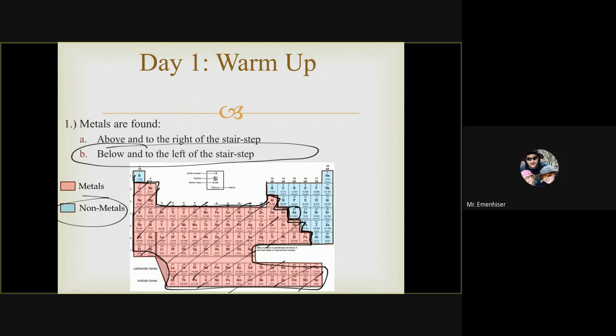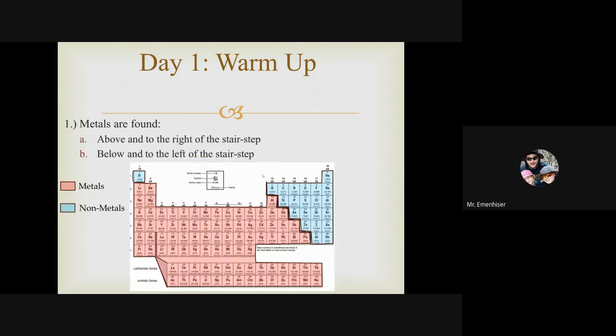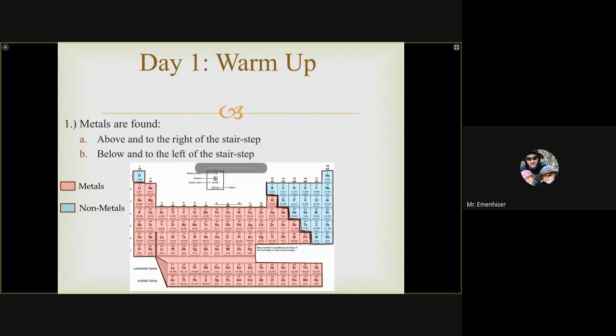Okay, number 2, carbon is a what? Well, let's go back. Carbon is right here, and it's in that blue area. So again, it's a nonmetal. So carbon is a nonmetal.